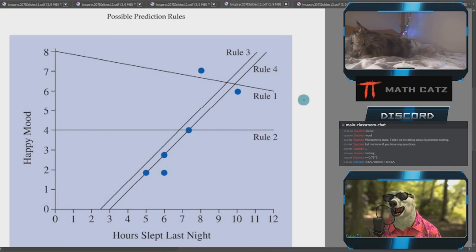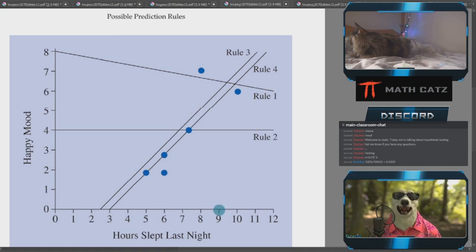If I look at, for example, two different variables here, hours slept last night and how that is related to your mood rating, I have these data points over here, and there are many lines, many formulas, many equations to describe the connection that I can use to predict.